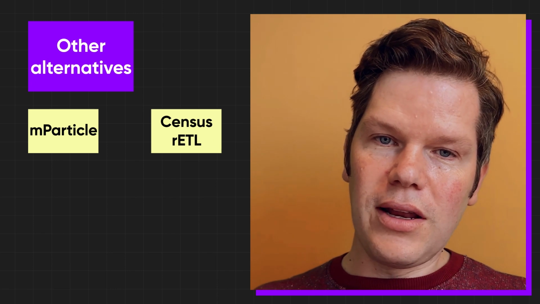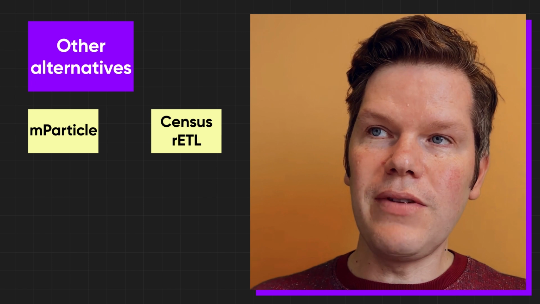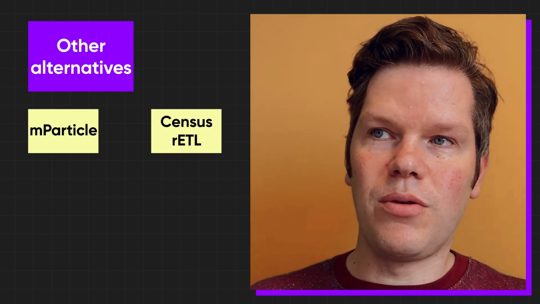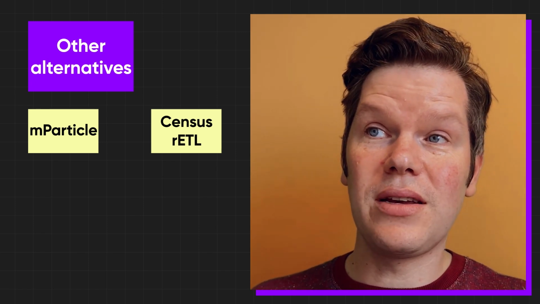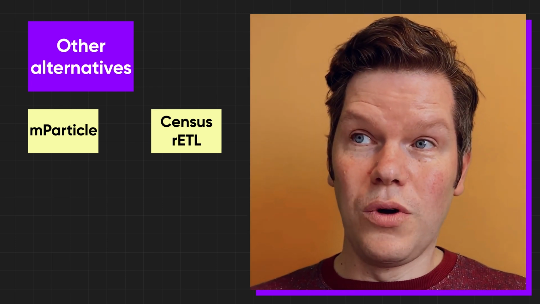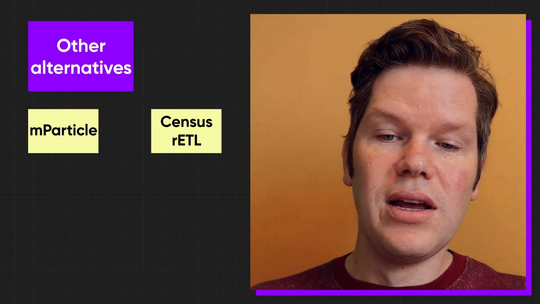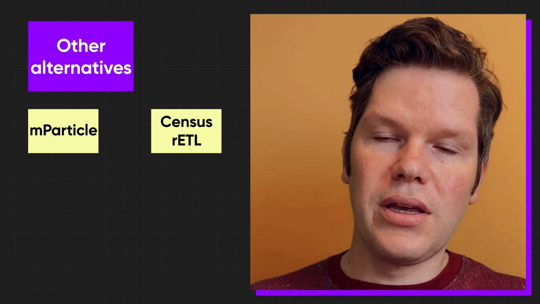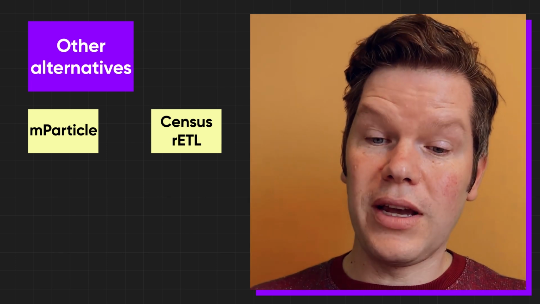I mentioned Census already when we talked about Snowplow. Census doesn't have this event collection part, and this is the reason why I don't put them in there. But if you have some proper event collection pipelines, or maybe you use your internal ones, you just get the stuff from your database, from your streams, whatever, and then you just need the part that pushes the data into a specific kind of marketing, sales, or whatever destination, then Census is interesting, because Census is now adding more tools around building audiences, building segments, doing some identity resolution and so on, to make this stuff easier.